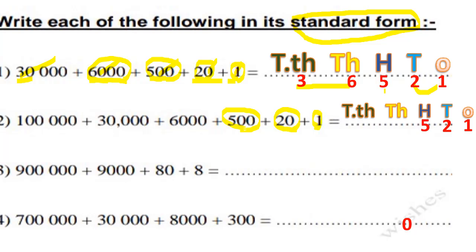I will write 5. In thousands place, I write the number which has 3 zeros. It will be 6,000. Then in 10,000, I will write number 3. Okay, my students, and 100,000, here I have 100,000. In 100,000 here I have 1. So the number will be 136,521.